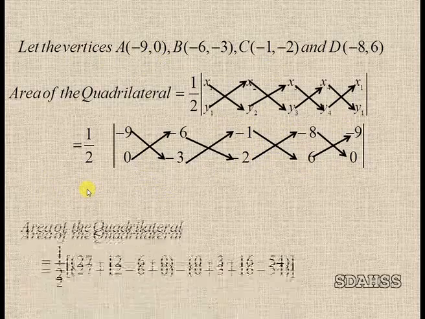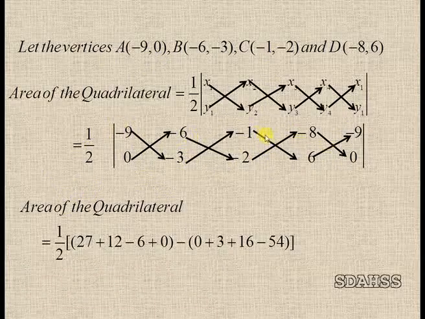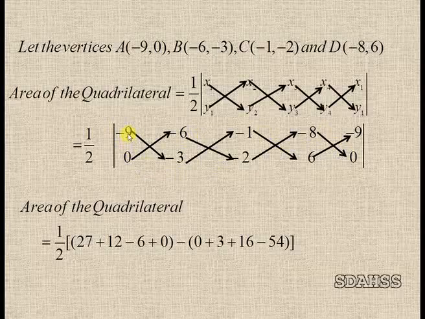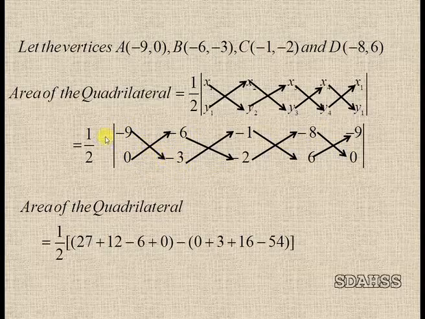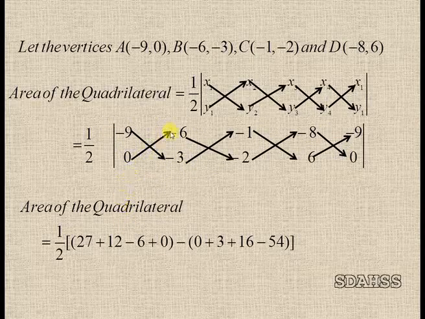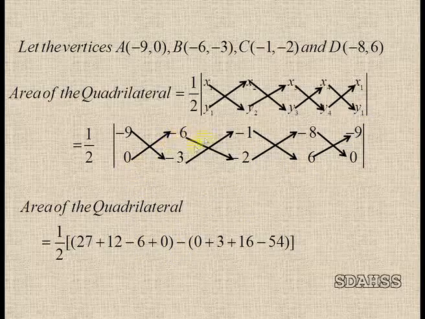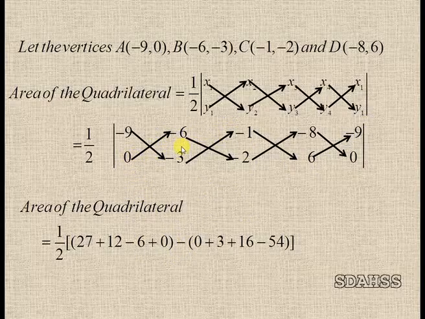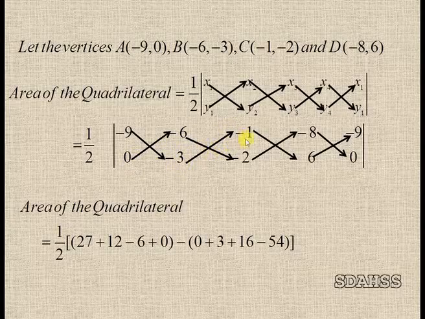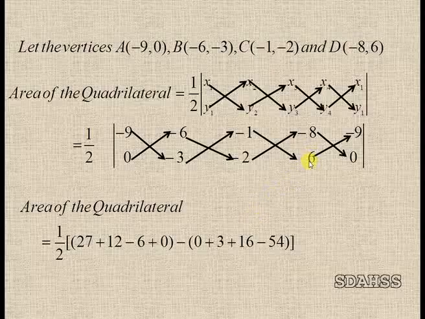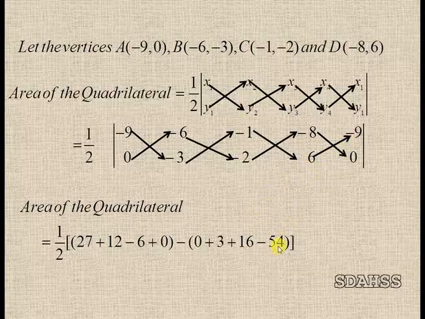Then multiply. Half into cross multiply, up to down. Minus into minus, plus: 9 3s are 27. Minus into minus, plus: 6 2s are 12. -1 into 6 is -6, -8 into 0 is 0. Then you put minus sign, then in this direction you multiply. 0 into 6 is 0, minus into minus, plus: 3 into 1 is 3. Minus into minus, plus: 2 8s are 16. 6 into -9 is -54.